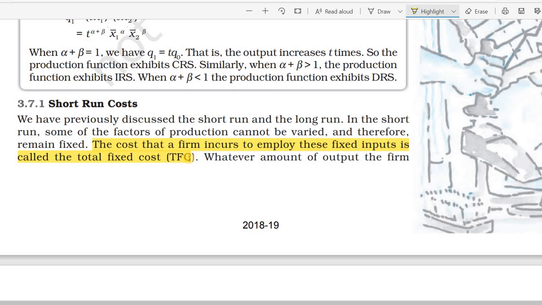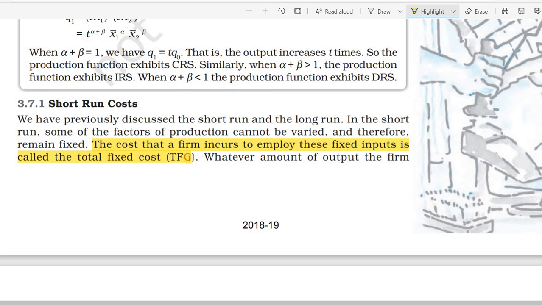Then we know in the short run, some of the factors of production cannot be varied and others will remain fixed. If all factors of production are varying, we will call it long run. If some factors of production are varying, we will call it short run. The cost that a firm incurs to employ these fixed inputs, like land or machinery or buildings, for these things the producer needs to spend some money.